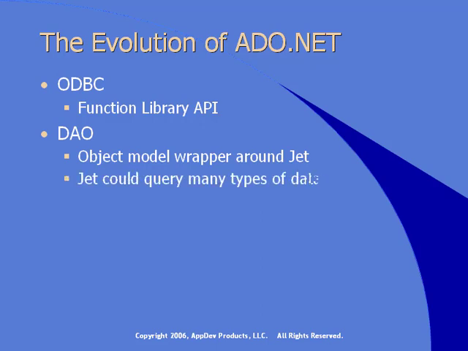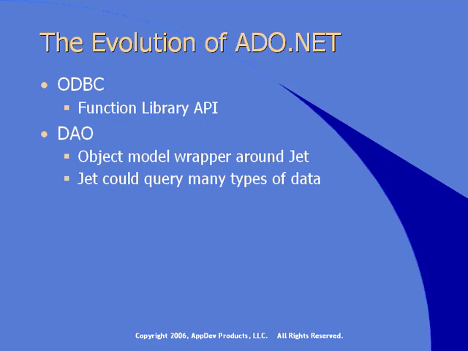And JET was a very versatile data engine. It could query many different types of data. And DAO was very successful. I mean, this was really the origin of concepts that have continued to this day, working with record sets and so on. And people continue to use DAO today, especially if they're working with the JET database engine.